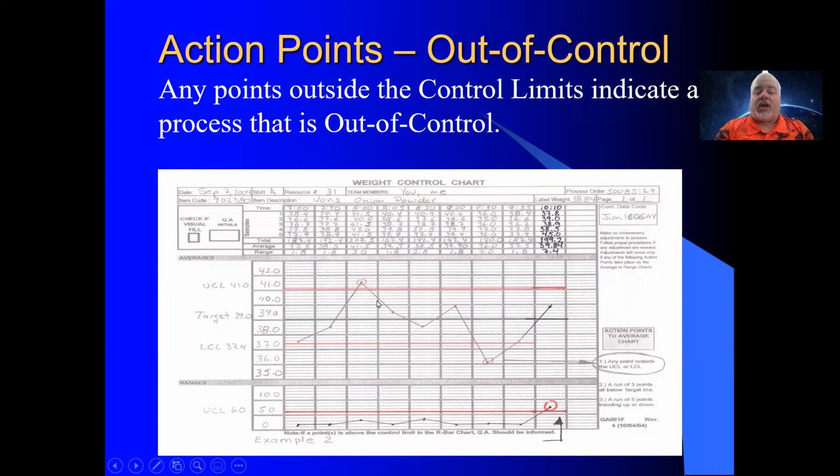We got too little product. We got too much product. Immediately, when you see one of these at that shift, it would have been quality control, quality assurance going, we got a problem. Let's make sure we double check everything so this doesn't continue. All right. This particular day looks like a disaster to me.